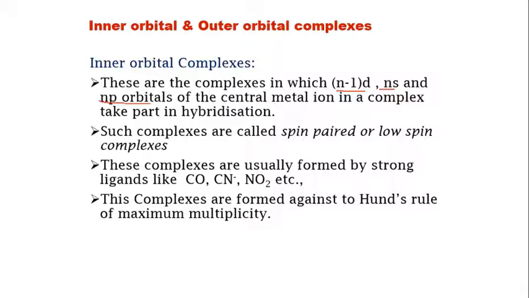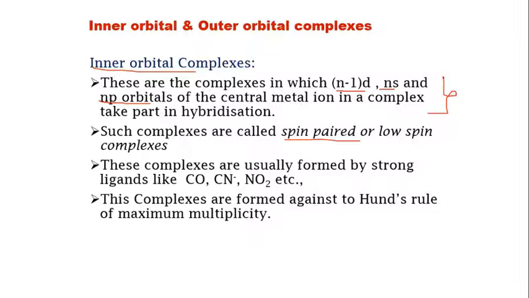One is (n-1)d and the other one is nd orbitals. The complexes which use (n-1)d, ns and np orbitals for hybridization come under inner orbital complexes. Such complexes are spin paired or low spin complexes.